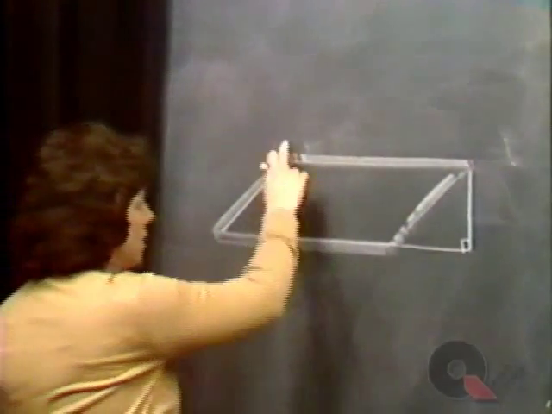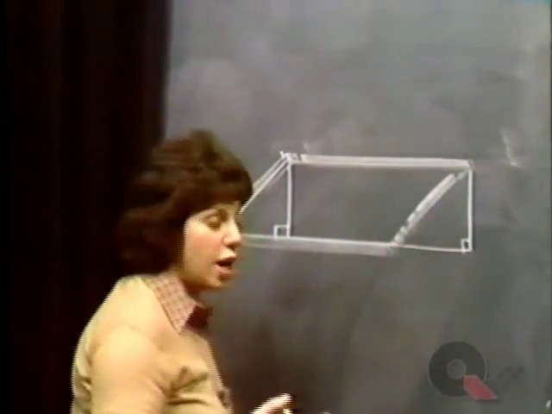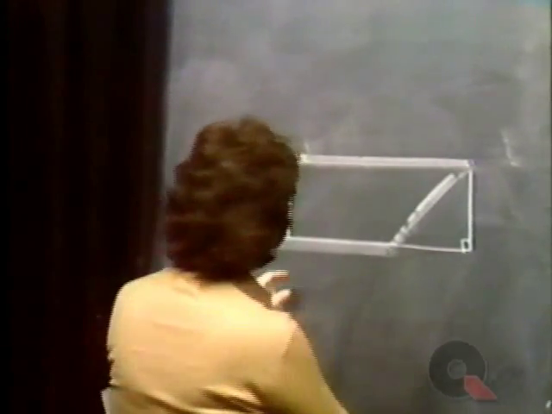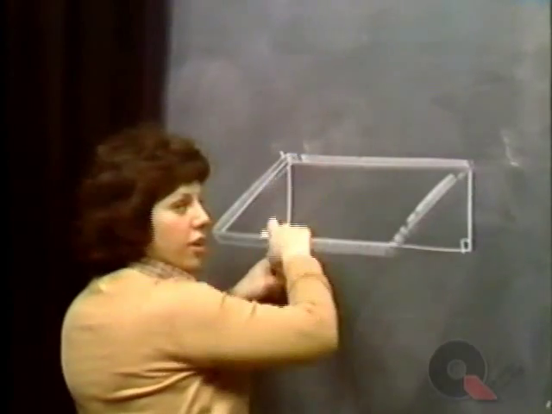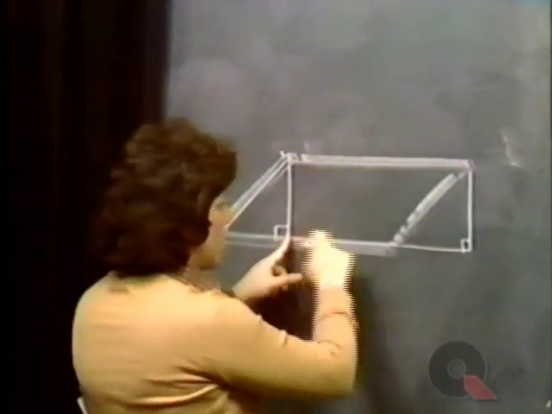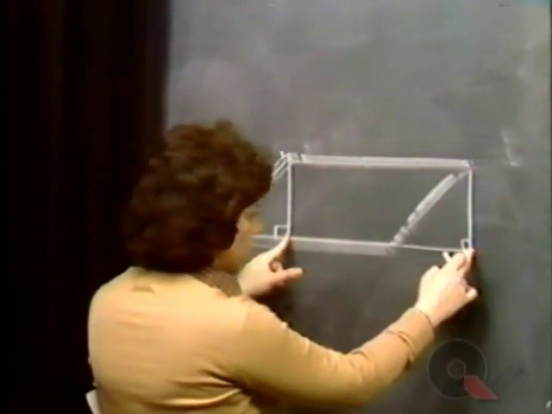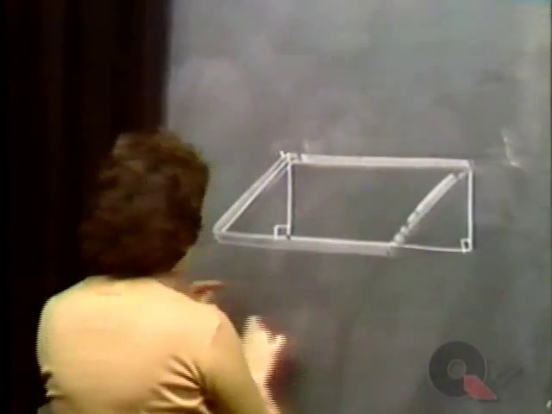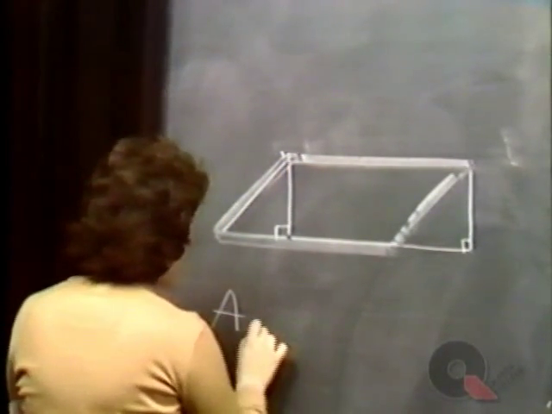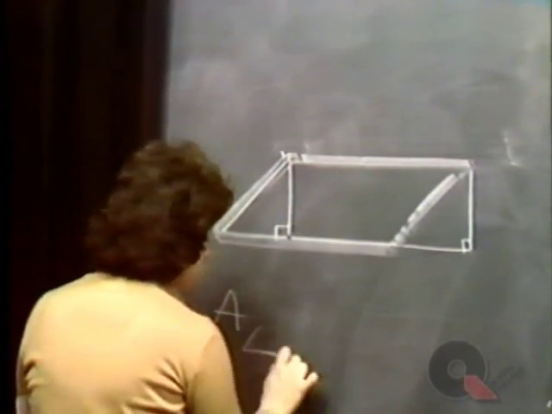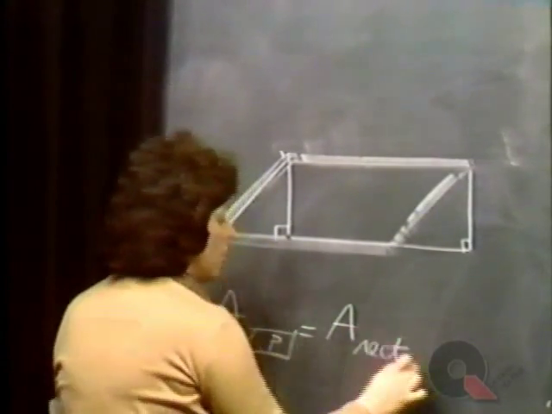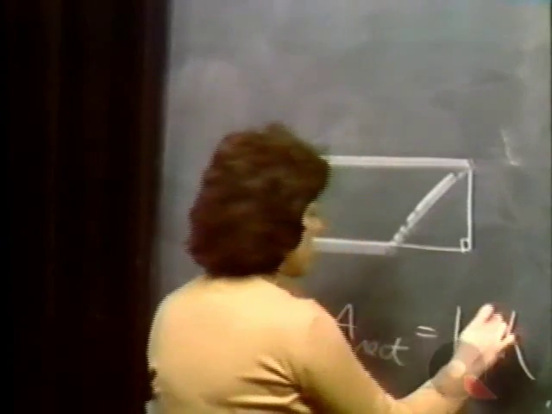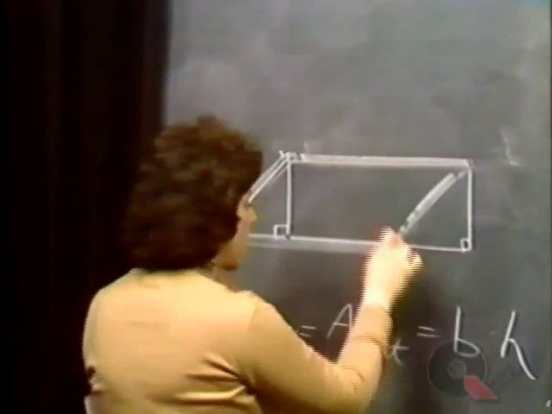Now the area of this rectangle is base times height. For the rectangle, the base goes from here to here, and the height is from here to here. The area of the parallelogram is equal to the area of the rectangle, which is base times height.